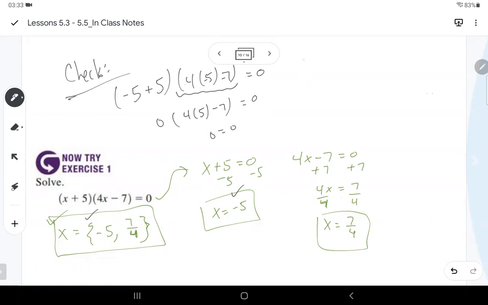Same thing if we plug in 7/4. Here we would have 7/4. And no matter what this is, even though you don't like doing that, we don't have to worry about it because the 4's cancel.